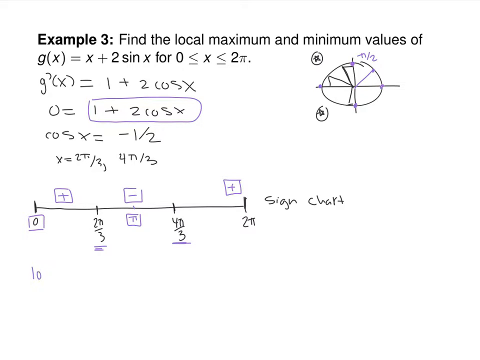Okay, so where is there a local max? Which one of those is the local max, 2 pi thirds or 4 pi thirds? Local max at x equals 2 pi thirds. Let's just find the y there. f of 2 pi thirds will equal 2 pi thirds plus 2 sine of 2 pi thirds.